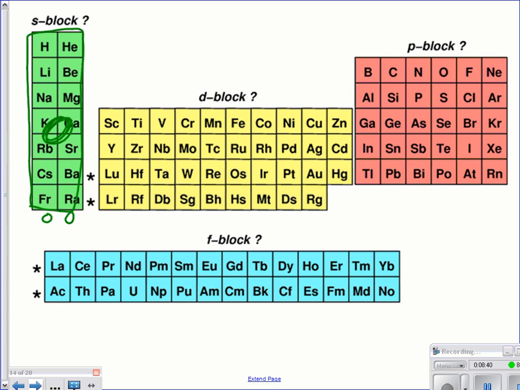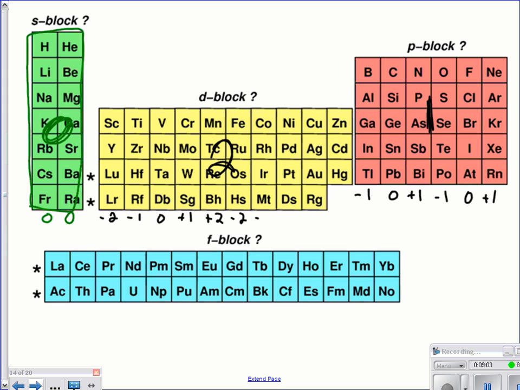Over here in your P block, since your L is equal to 1, your M sub L is going to be anywhere from negative 1 to positive 1. Here in your D block, which is equal to 2, it's going to be anywhere from negative 2 to positive 2.